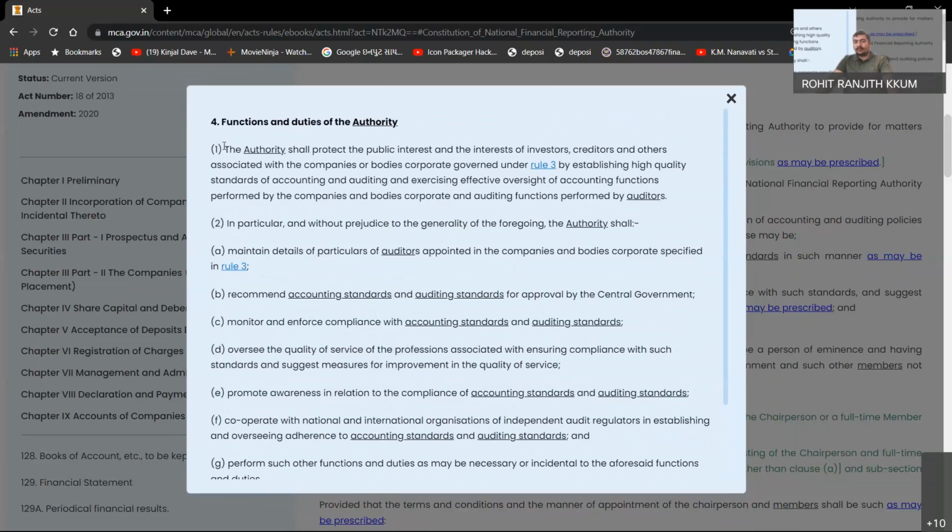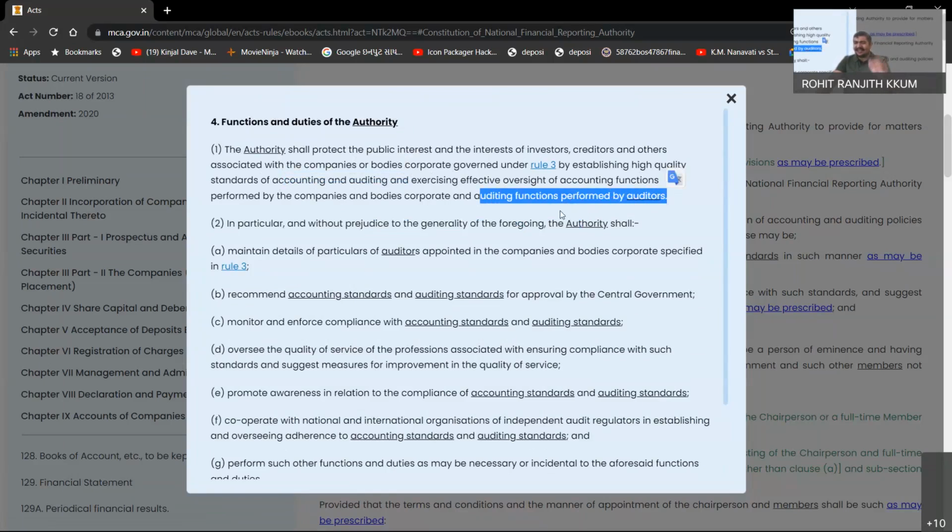Look at sub-rule number 1. The authority shall protect the public interest and the interest of investors, creditors, and others associated with the companies and body corporates by establishing high quality standards of accounting and auditing and exercising effective oversight of accounting functions performed by companies and body corporates, and audit functions performed by auditors.